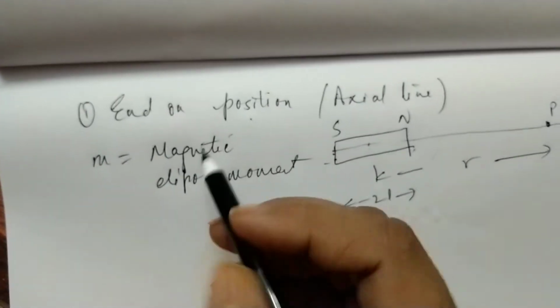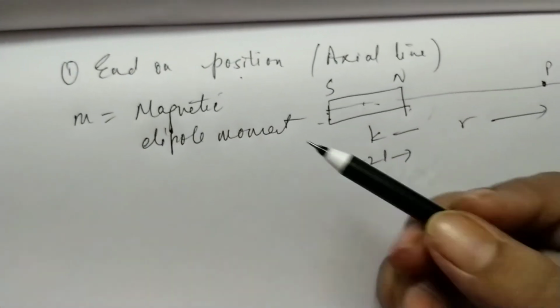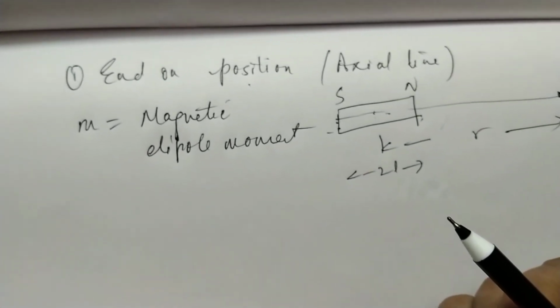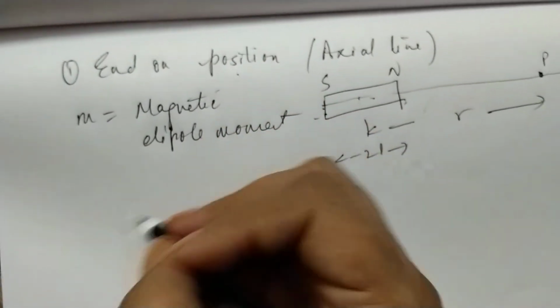In this axial line, when we were doing electrostatics, we had the formula 1 by 4 pi epsilon 0 times 2pr divided by (r square minus l square) whole square. Here also we will get the same thing, but certain things are different.